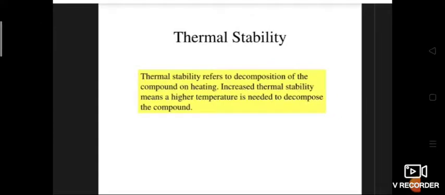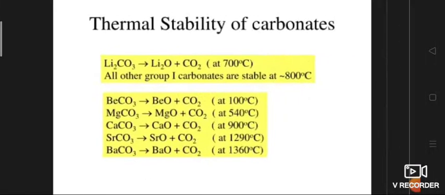Here lithium needs 700 degrees Celsius. All other group 1 carbonates are stable at 800 degrees Celsius.